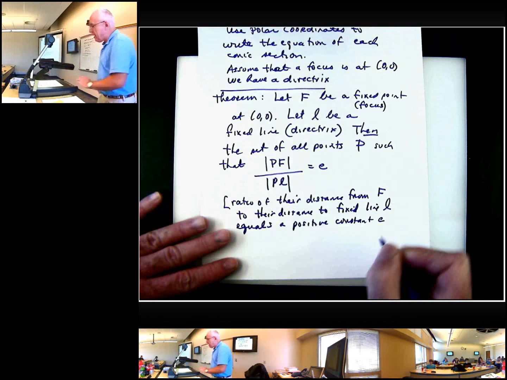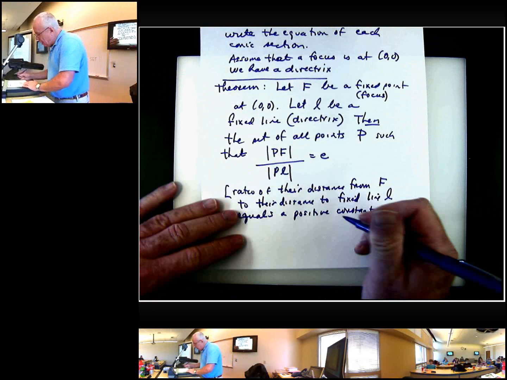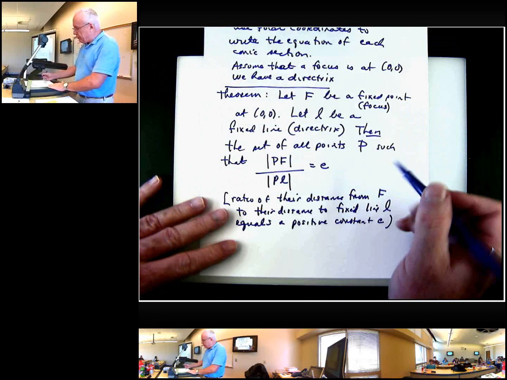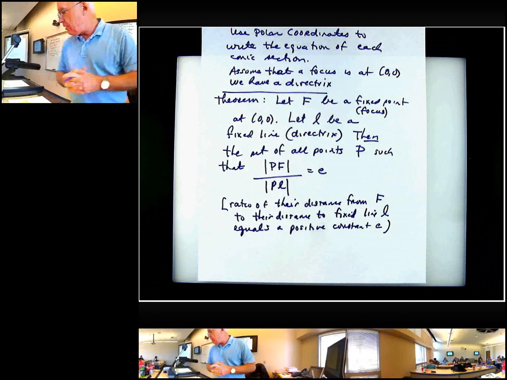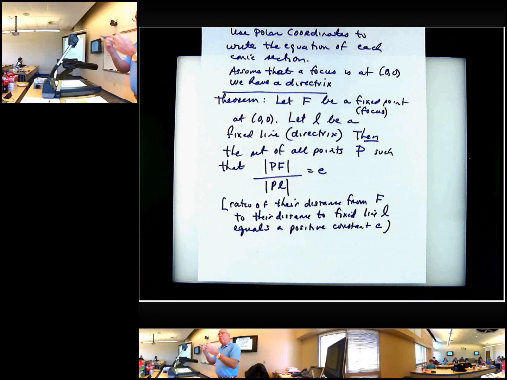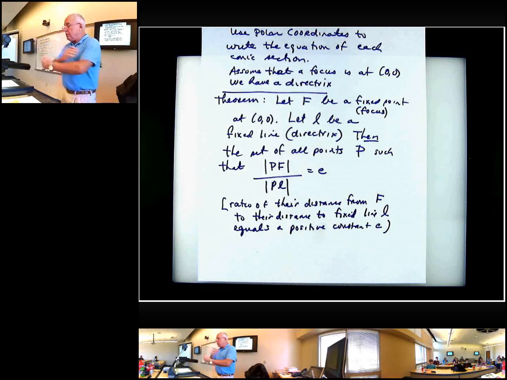I'm just writing in English what that equation says. So we've got the set of all points such that the distance to this focus at 0, 0 over the distance to the straight line is equal to e.